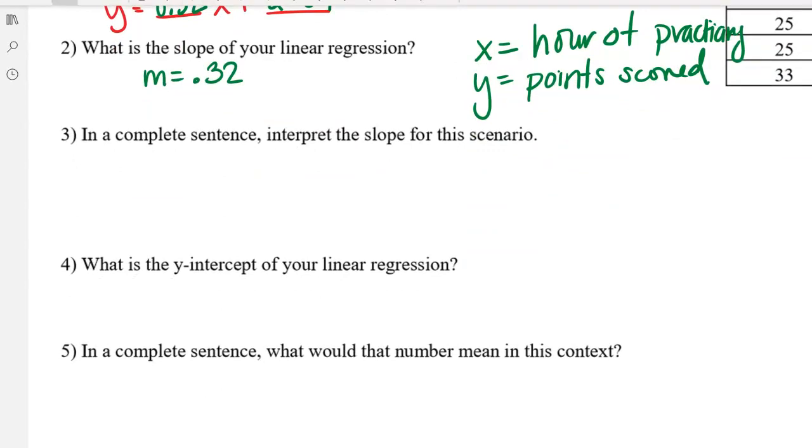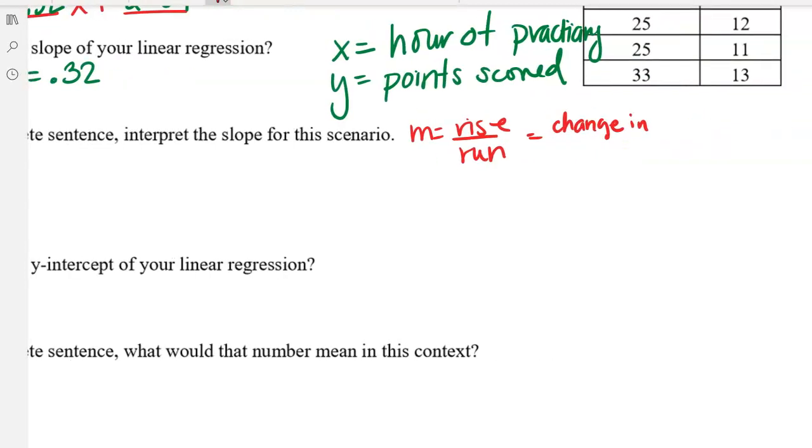So if the slope is 0.32, the slope is always rise over what? Run, okay? So let's spell all of these out. So M is rise over run. And guys, rise really represents what variable? Y, okay? So that means the change in Y, because it's Y2 minus Y1, right guys? Change in Y divided by the change in what?